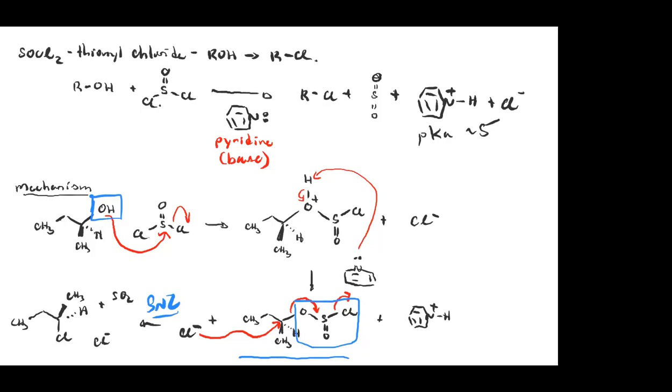So thionyl chloride is a nice way to take an alcohol to a chloride. If you want to do the bromide, thionyl bromide isn't really a reagent that you want to work with. Instead, we use triphenylphosphine dibromide.